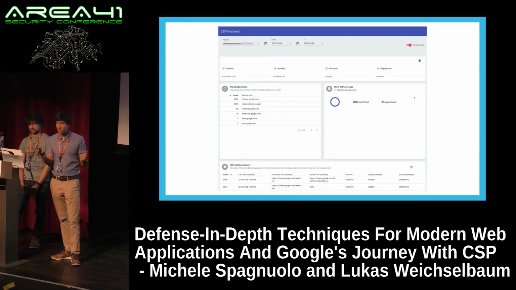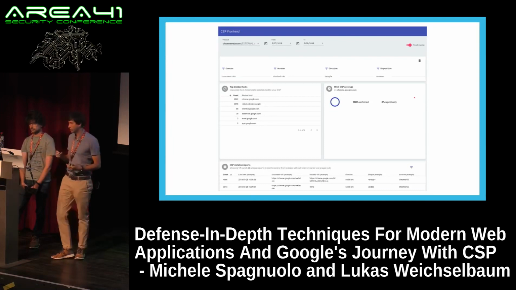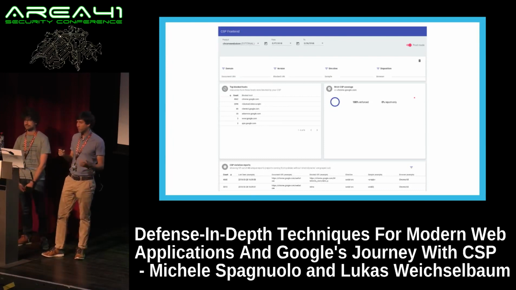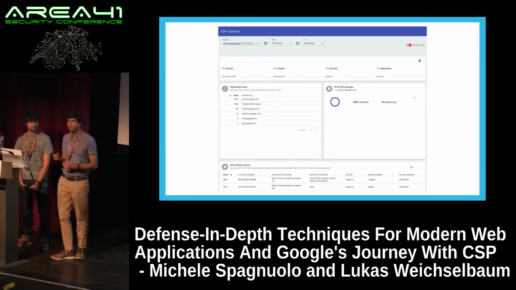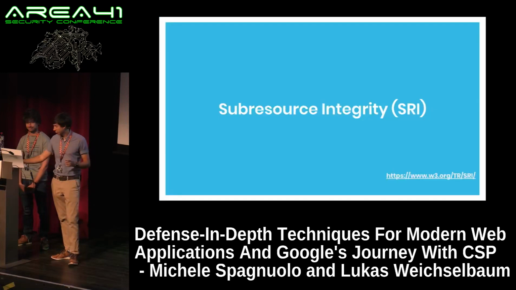So you get a lot of noise, and you kind of need to crunch it down and deduplicate it to be able to find actual breakages. And yeah, this is something Michele mostly worked on, and it's really nice actually.